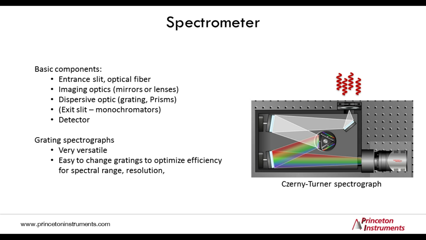In the Czerny-Turner spectrograph, it is a diffraction grating. And then optics will focus the light on a focus plane or an exit slit, where it typically hits a detector. These days, CCDs are very common, but also single-channel detectors are used, as well as one-dimensional arrays of photodiodes, for example.